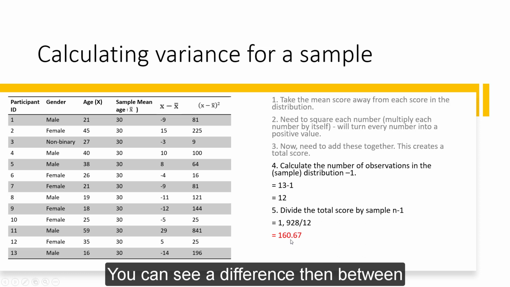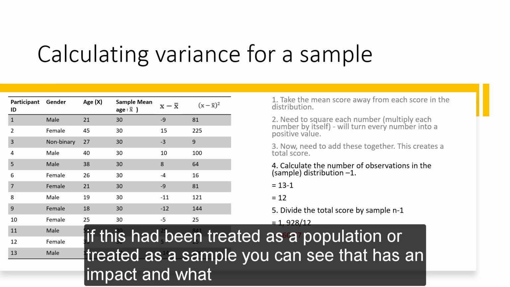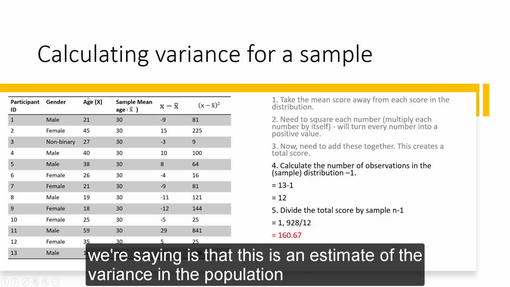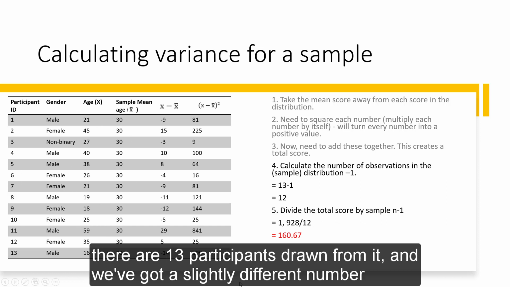Now you can see the difference between treating this as a population and treating it as a sample. That has an impact. What we're saying is that this is an estimate of the variance in the population that our 13 participants are drawn from, so we've got a slightly different number.